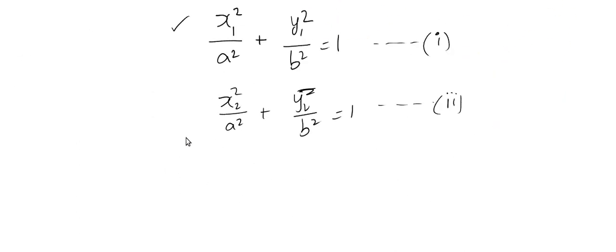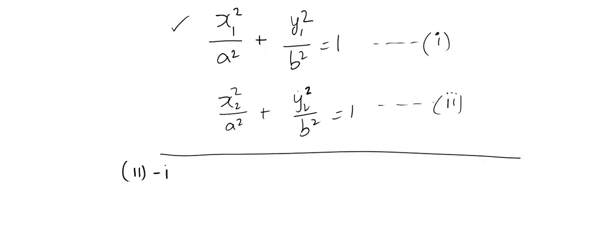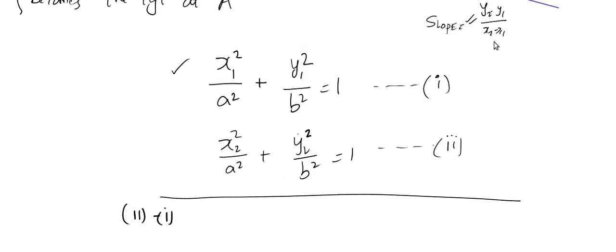And that is the reason I wrote this. I'm going to do equation 2 minus 1. My aim is to find the slope. And what is the slope? y2 minus y1 by x2 minus x1. My common sense tells me, if I subtract second minus first, I'll be able to find y2 minus y1 by x2 minus x1.